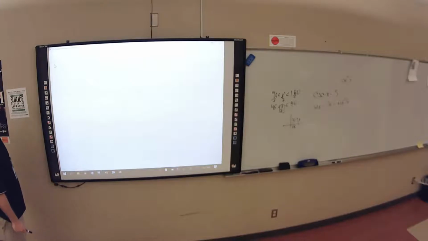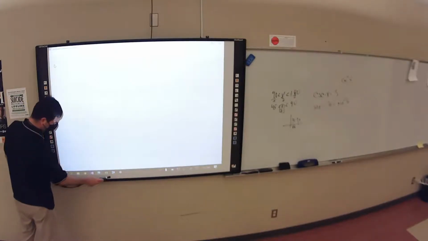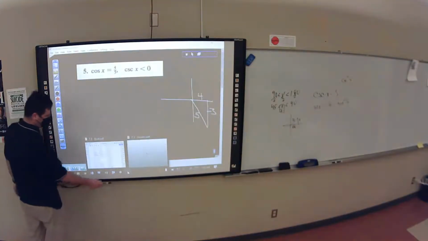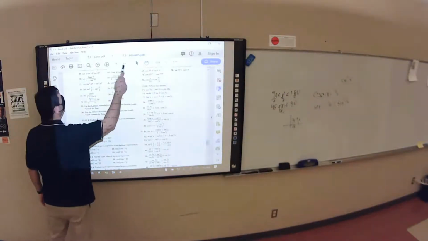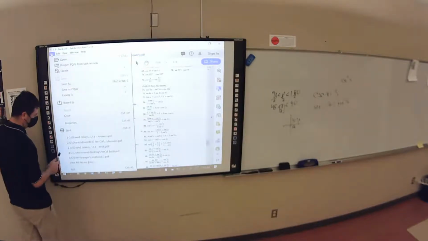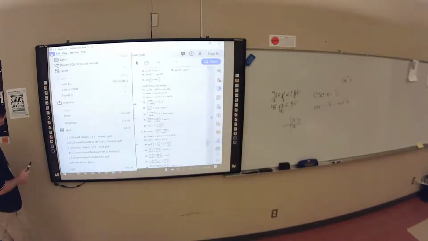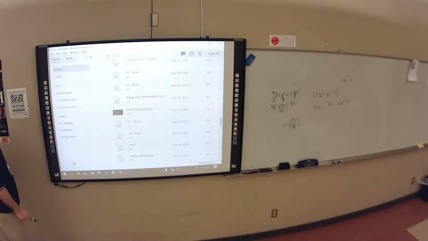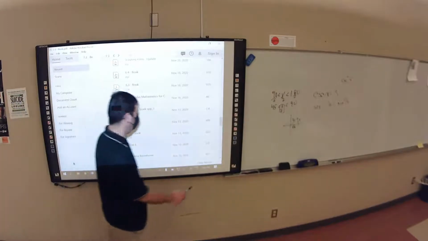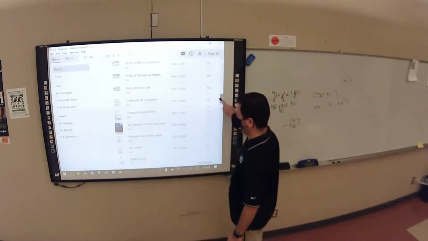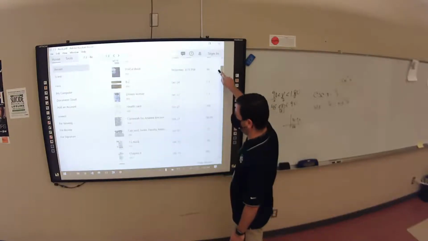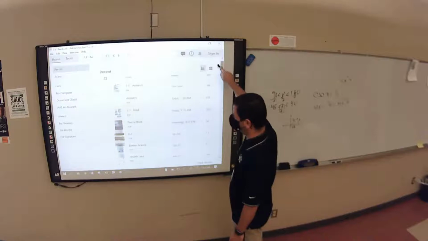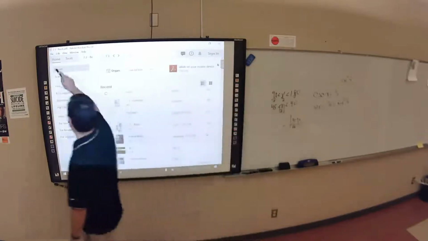Section 7.4, which I need to go open up, file. Surely it's a recent, but I just made it this morning. It's not showing up as a recent. I made it last night, didn't I? 7.4, driver's license, it's not there. All right, we'll do it this way.